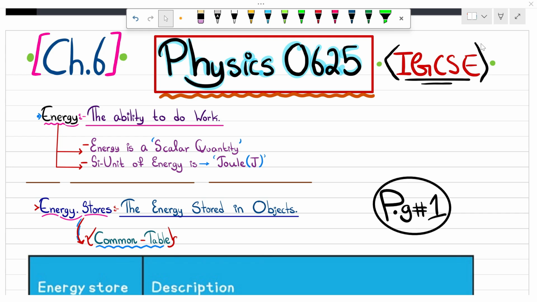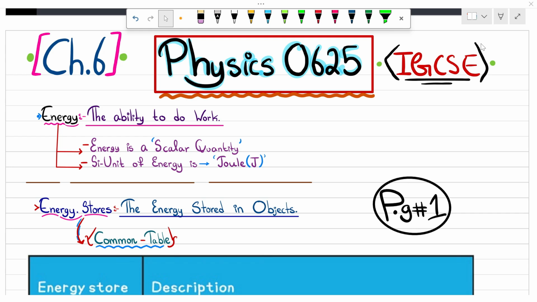So that's why we say it's the ability to do work. It's the ability to make change on a distance, on anything, matter, air, space, particles, okay, but on their distance per unit time. And this is why energy is a scalar quantity, because it's the ability to do work.